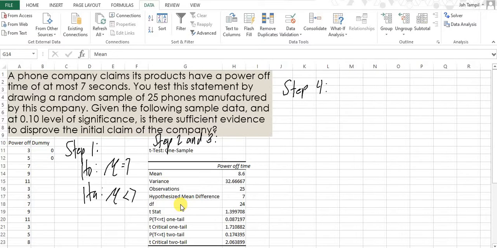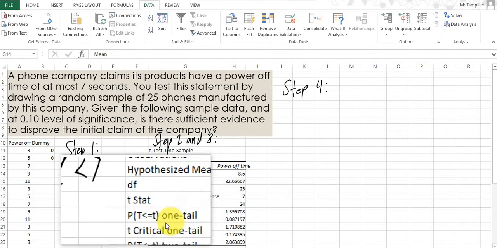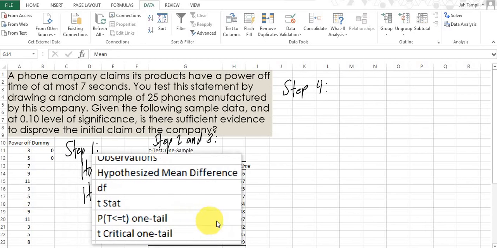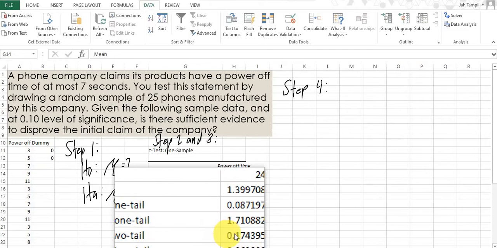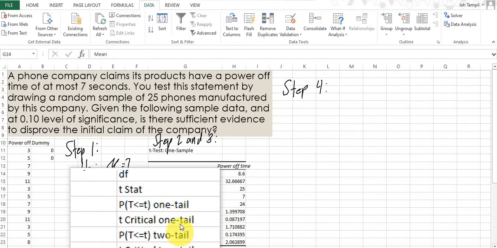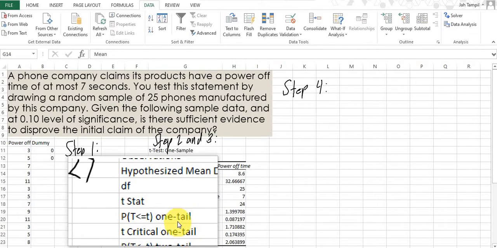If you remember, we need to look at the p-values. And as you can see here, we still have two p-values. We have the p-value for one tail here and the p-value for two tail here. So which of the two are we going to use?